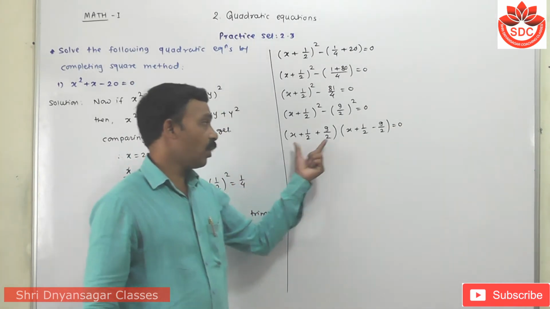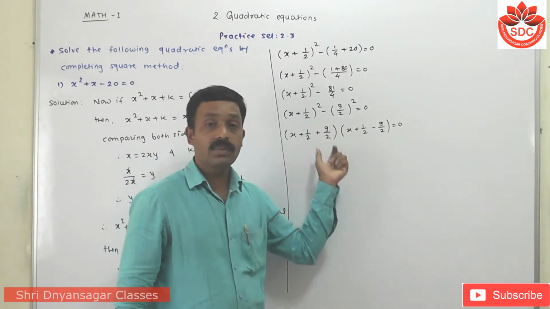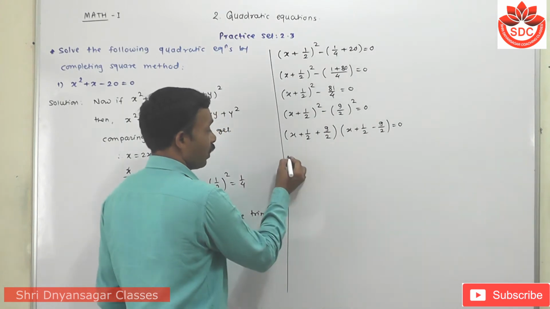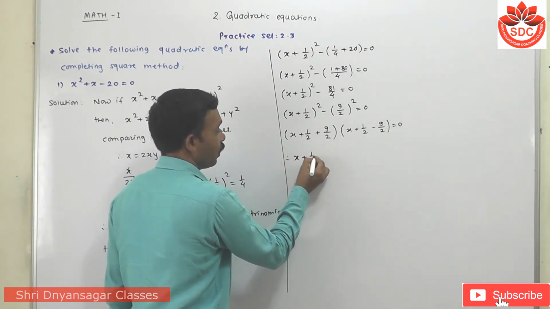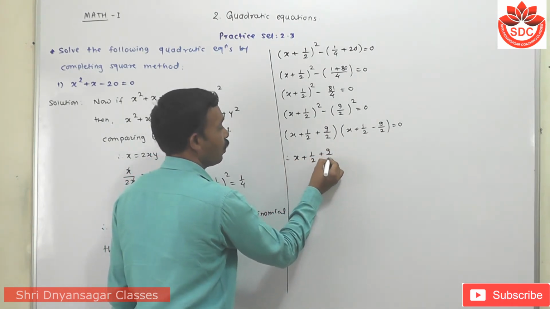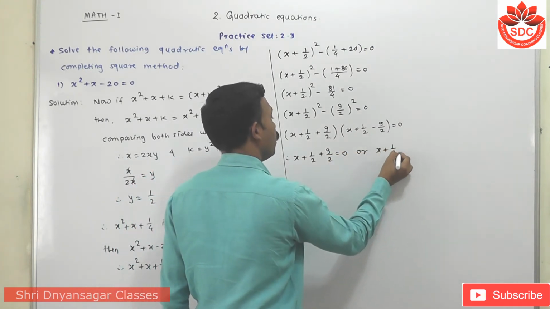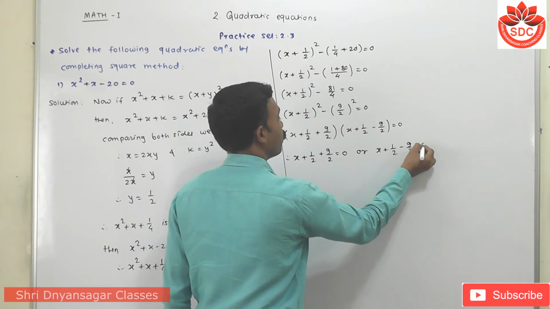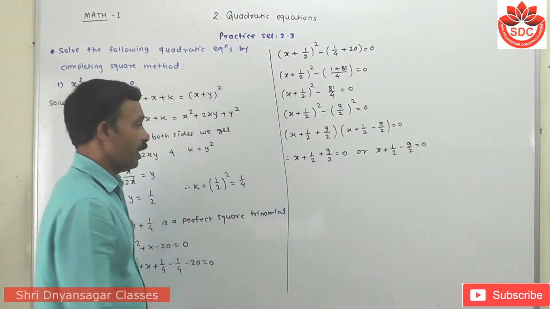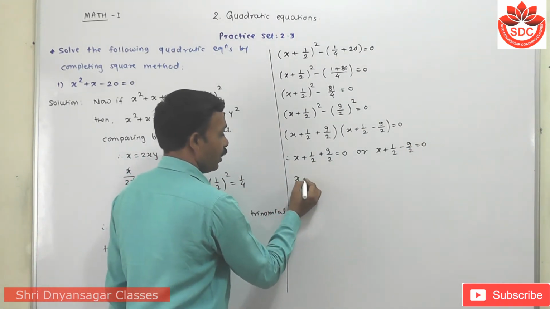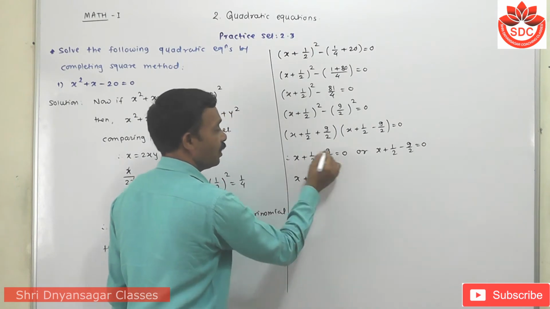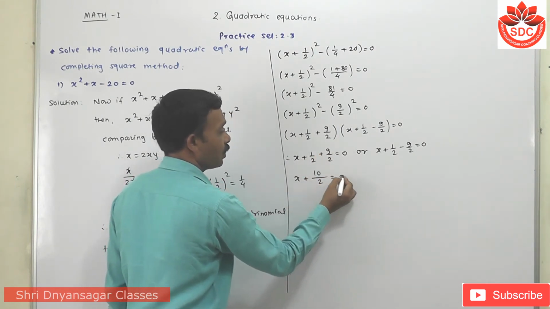We know that if the product of two terms is 0, then at least one of them must be 0. So I have to write here: therefore x + 1/2 + 9/2 = 0 or x + 1/2 - 9/2 = 0. Then I am taking the LCM, which is 2. Adding the numerators, that means 10/2 = 0.